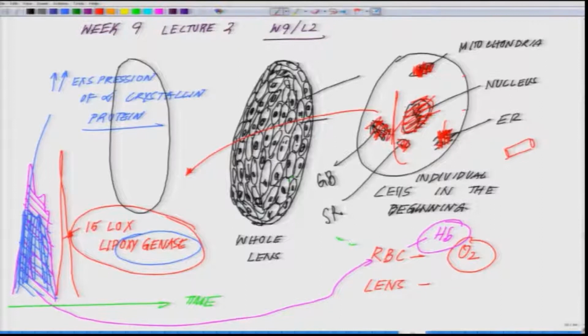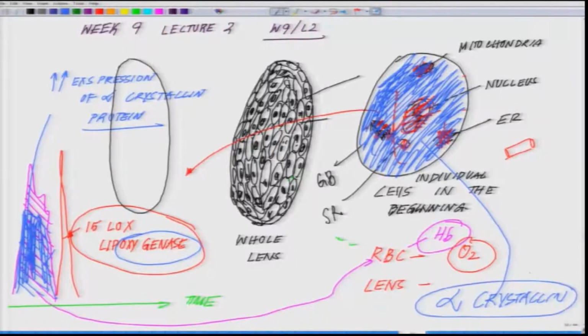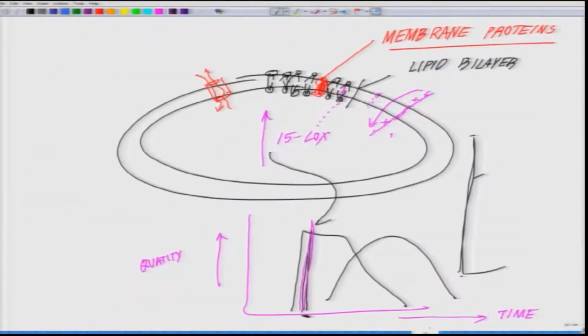Once these are dissolved out, what you are left with is a large chunk of this wonderful protein, which was expressed in a huge amount in the case of lens. That protein, which I am now shading in blue, is alpha crystalline. So now you have a cell, which is something like this.